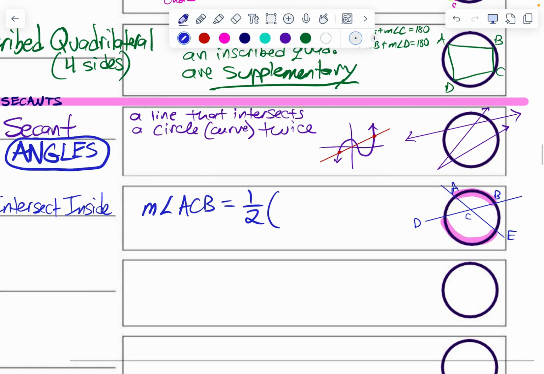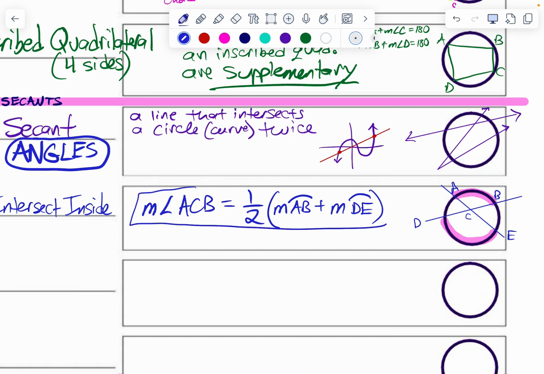It's half of the 2 highlighted arcs. So half of arc AB plus the measure of arc DE. And obviously the letters will change, but this concept is a formula, so maybe box it so it stands out. In other words, it's half of the 2 arcs that those angles are intersecting.